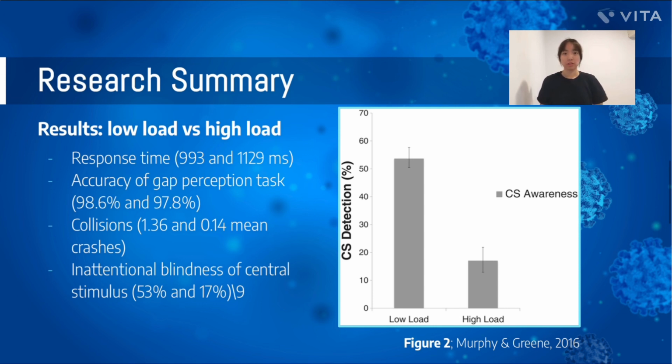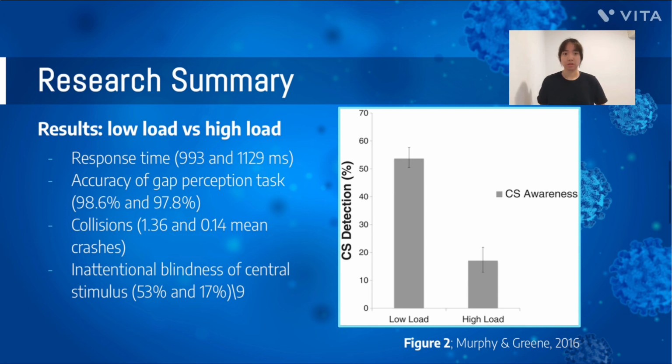On average, drivers responded quicker in low load than high load trials, 993 milliseconds and 1,129 milliseconds respectively. While participants made few errors in both conditions, low load trials on average warranted more accurate responses to the gap perception task than the high load trials, 98.6% and 97.8% accuracy respectively.